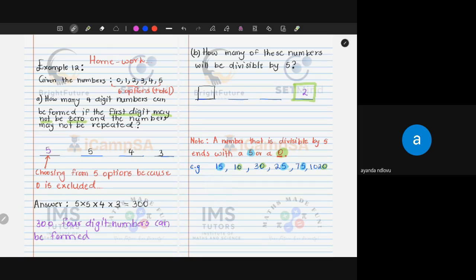Anyone else, guys? So on the last number, it's either we're going to have a 5 or a 0. Then for the first digit, how many numbers do we then choose from? Anyone, guys?